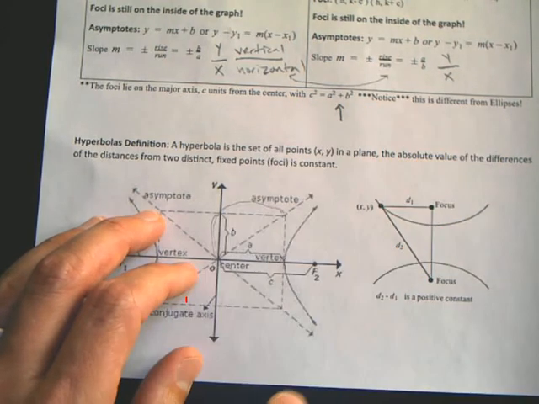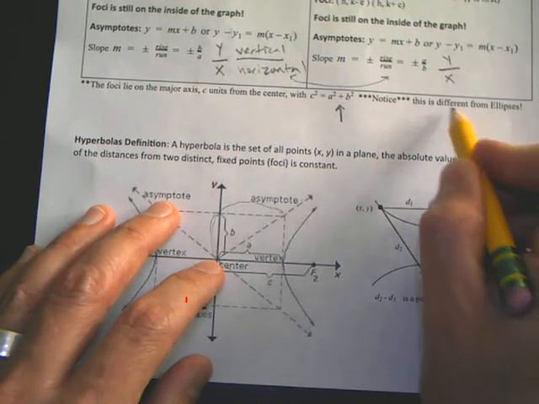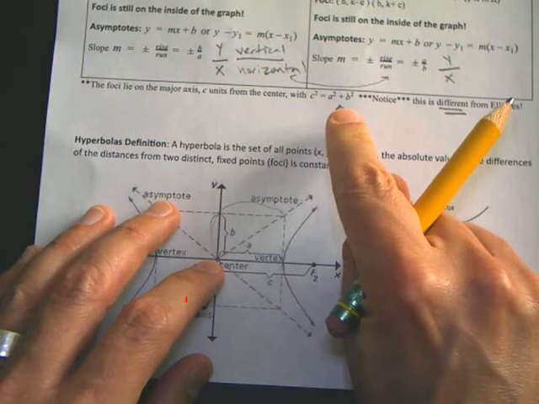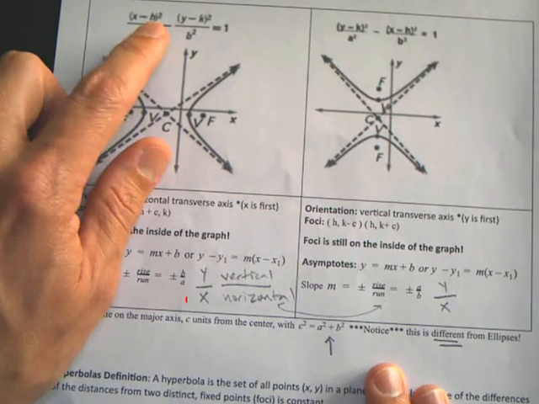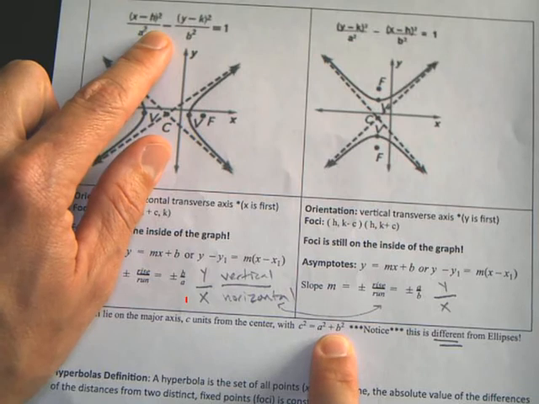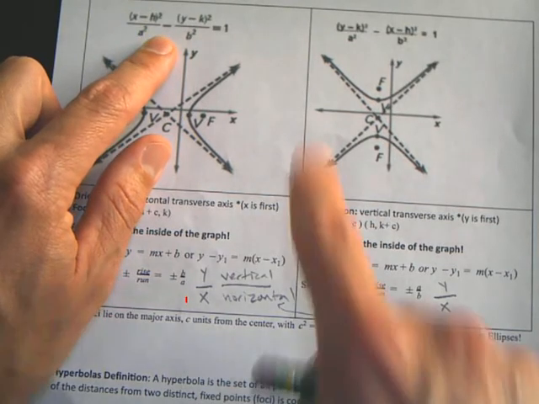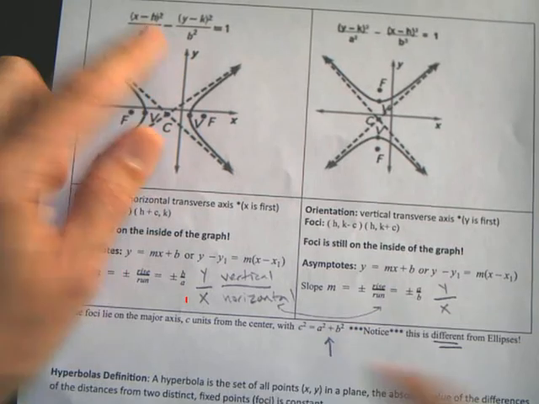It is addition. Very, very important that you make sure. So an ellipse has a positive inside our equation, but a minus in the c equation. A hyperbola has a minus in the standard form, but a plus in our c standard form. All right.